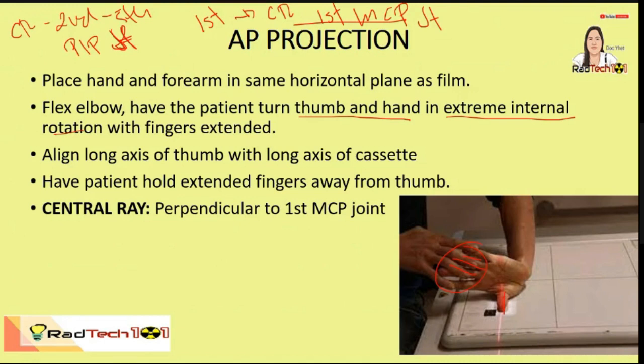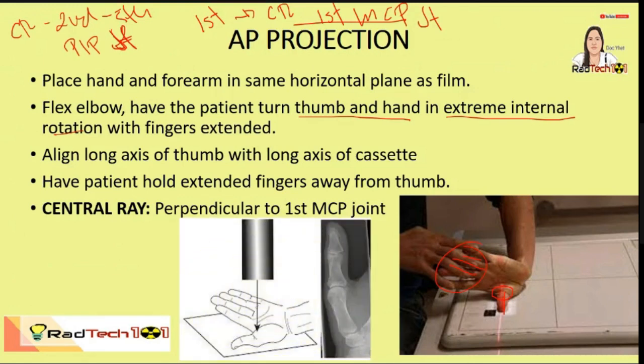Then, the central ray must be perpendicular to the first MCP joint. Okay, so we have here the first MCP joint or the metacarpophalangeal joint. So, ito yung ating central ray. So, perpendicular lang siya.